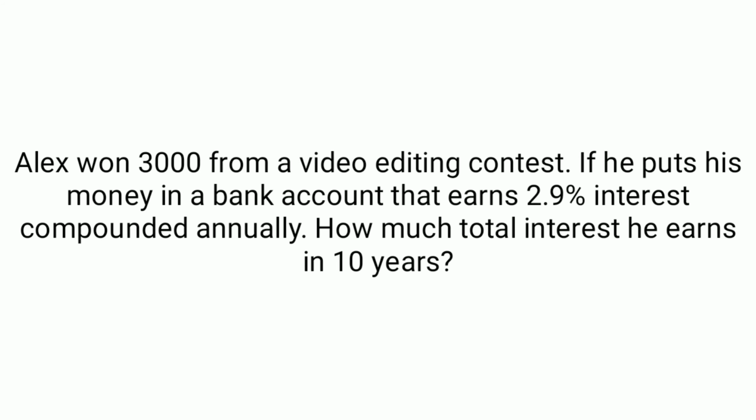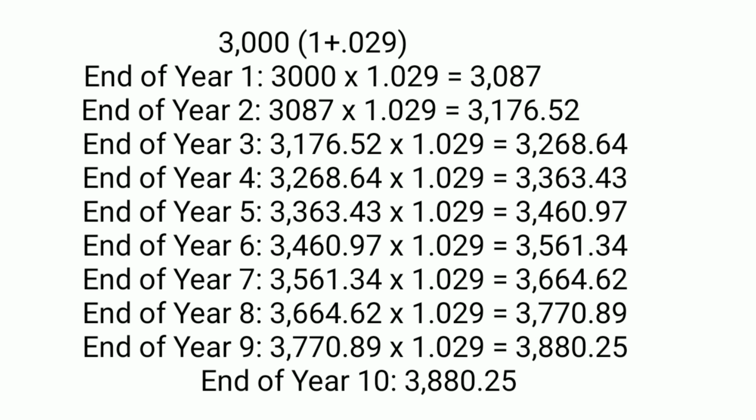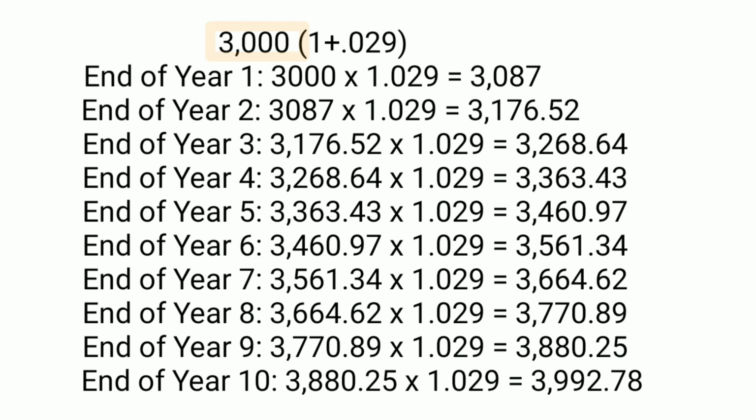Next problem. Alex won 3,000 from a video editing contest. If he puts his money in a bank account that earns 2.9% interest compounded annually, how much total interest does he earn in 10 years? So just like what we did in example number 1, we are going to multiply the principal amount by the interest rate that is added by 1 to get the total amount at the end of year 1.